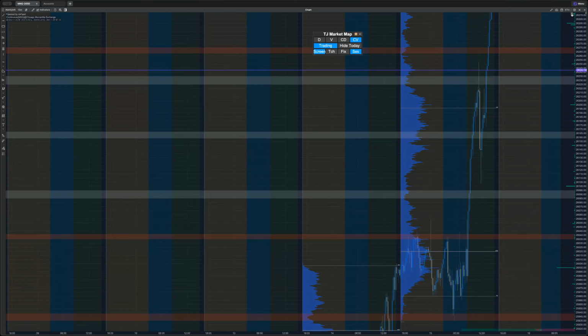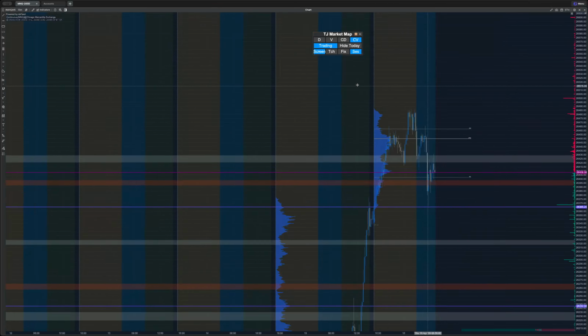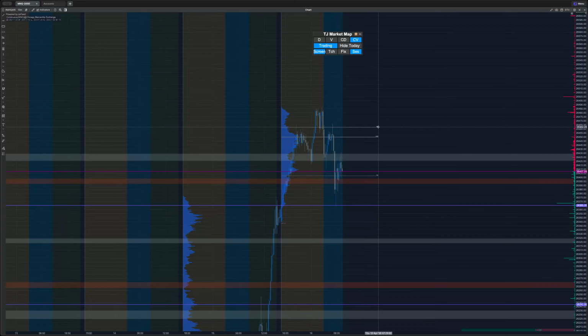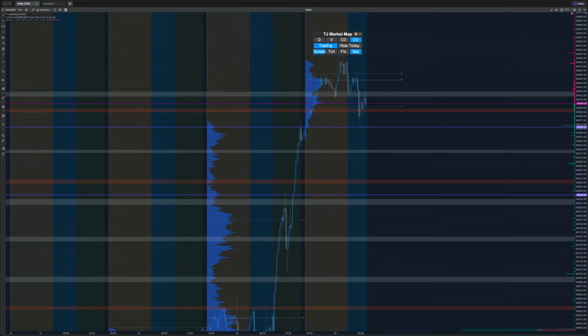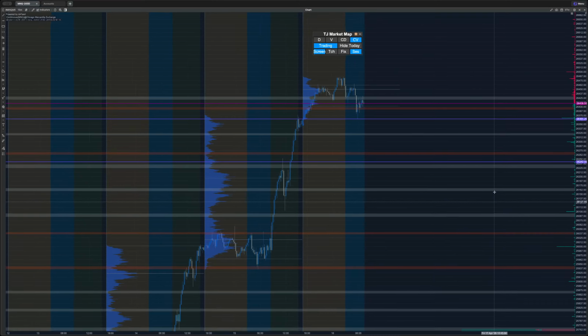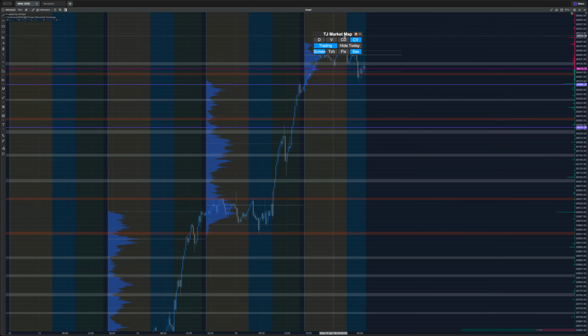Let's go here. We are in an interesting area here, because this one here, that was our last marker from yesterday, which was the all-time high so far. So we are having green field above us.